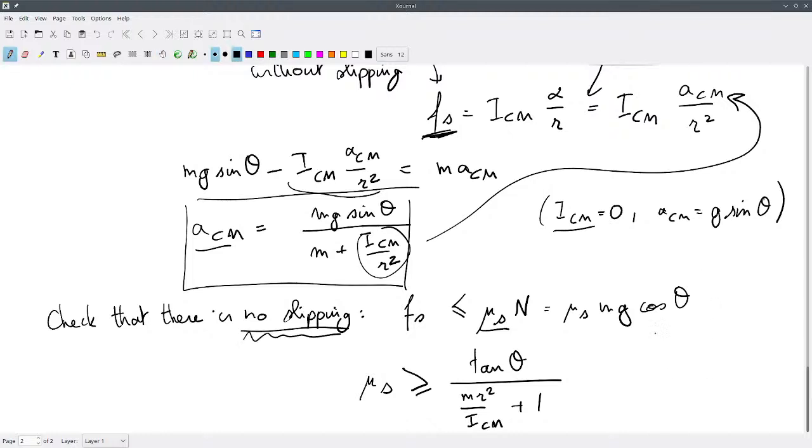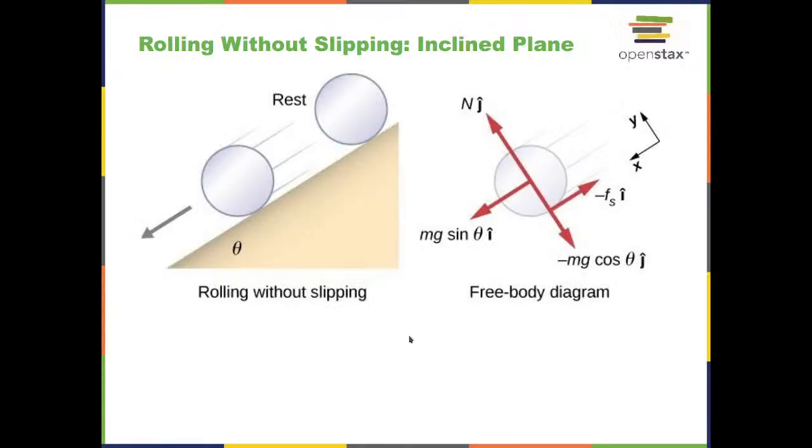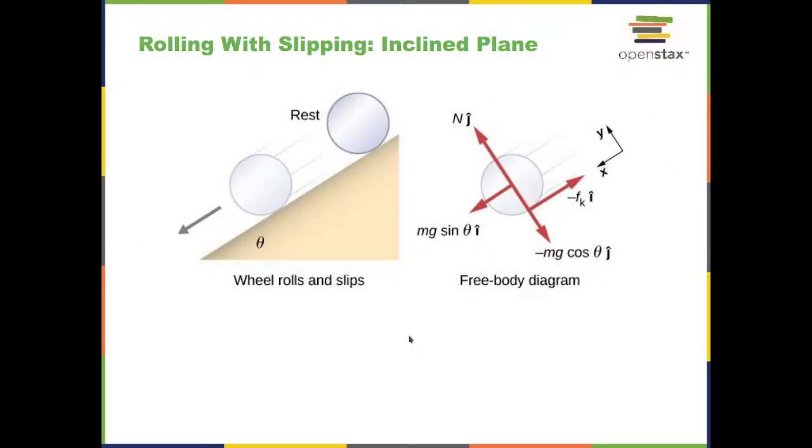So if we allow slipping, then of course we won't use static friction, but in the case of slipping, we're going to use kinetic friction. Other than that, it's all going to be very similar. The difference is going to be that the force of friction won't be as large as it needs to be, but it will be given in terms of the normal force. So we'll pick that up on Friday.